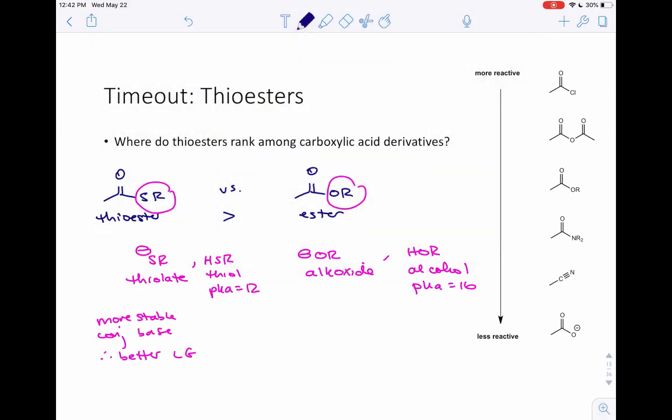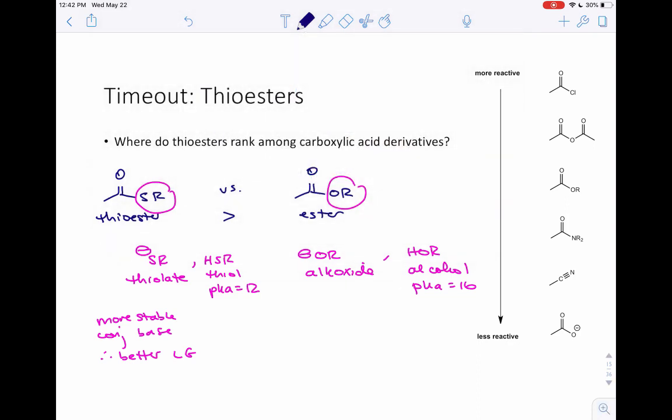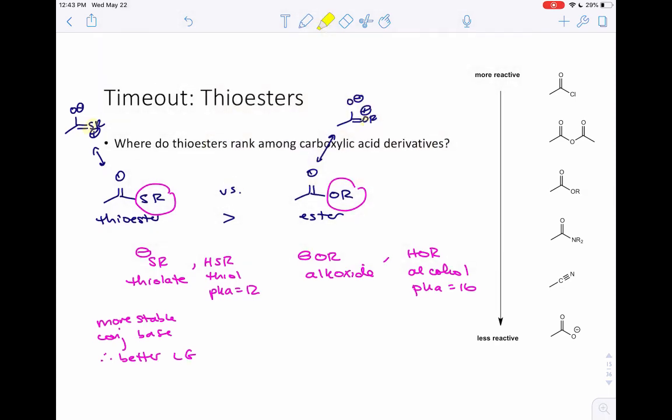And there's also some orbital interaction issues going on here. So if you think about an ester and a thioester, these resonance structures are going to contribute to their character. Where you have either oxygen or sulfur overlapping with the carbon of the carbonyl.